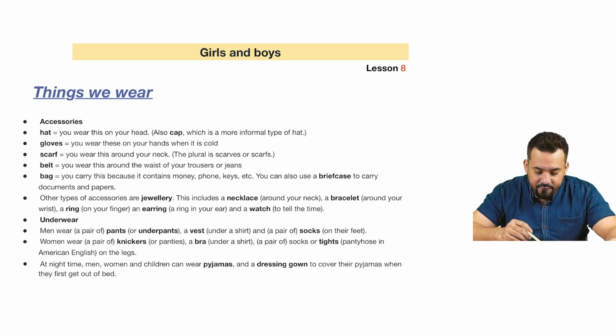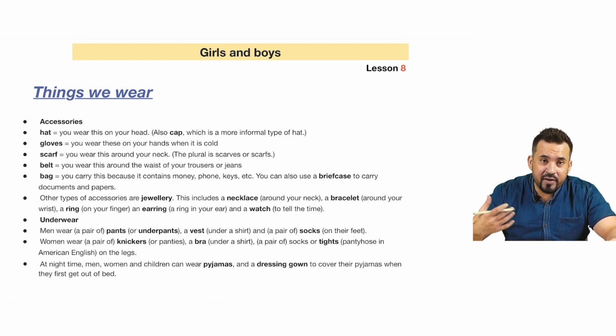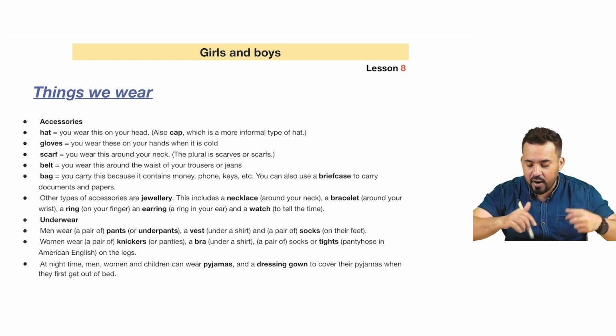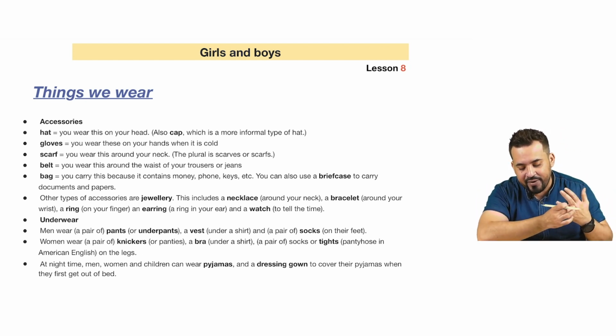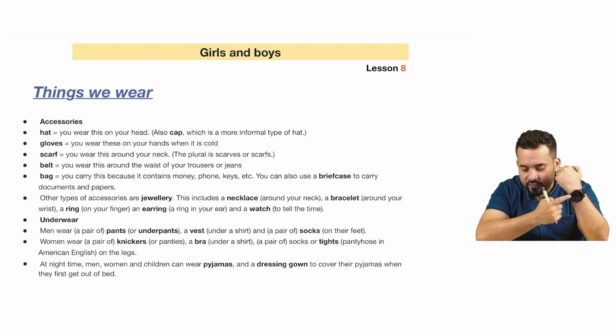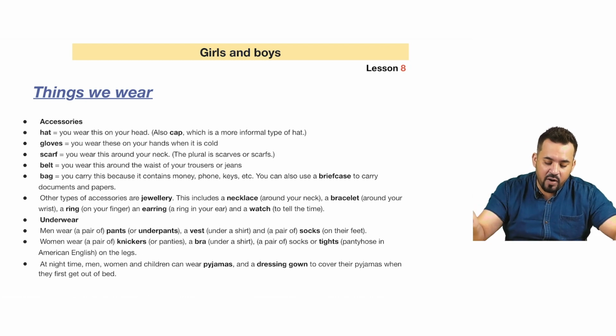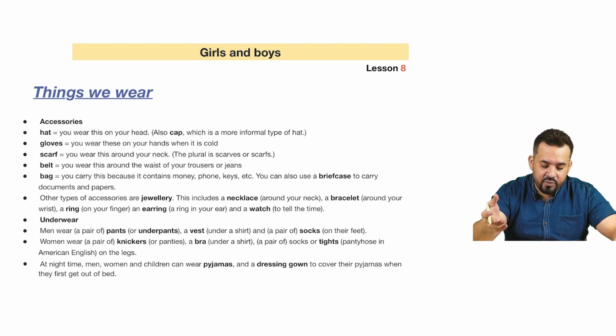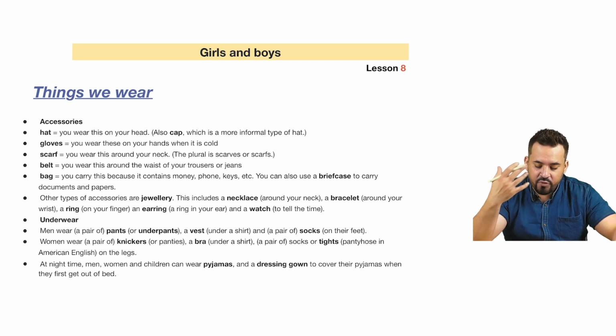Okay, so other types of accessories are jewelry. Jewelry includes necklace, bracelet, rings for your fingers, earrings for your ears or your nose, watch to tell the time. Okay, now underwear. Men's underwear, okay, men wear a pair of pants or underpants.